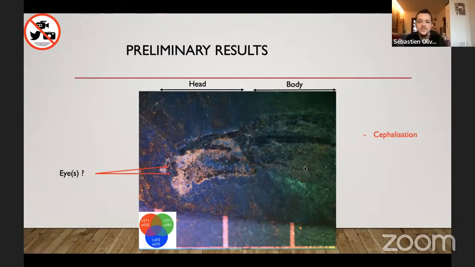So, preliminary results: we can see that there is a different structure of the anterior part of the body compared to the posterior part. It argues for a cephalization, so with the head here and the body here darker. Two rounded black structures are in front of the head that could be interpreted as eyes.